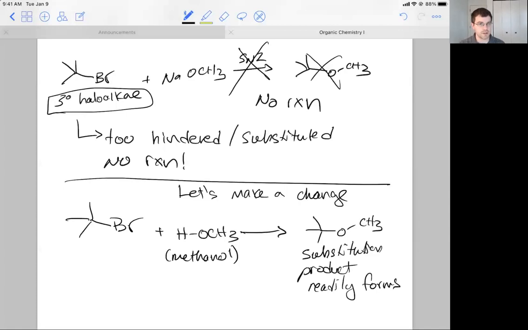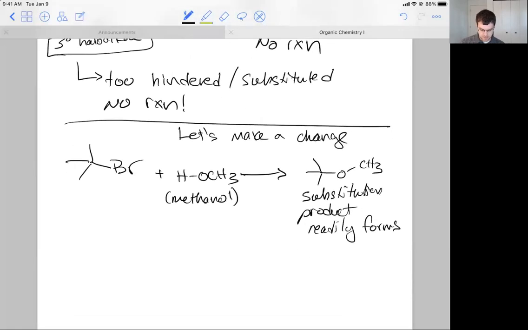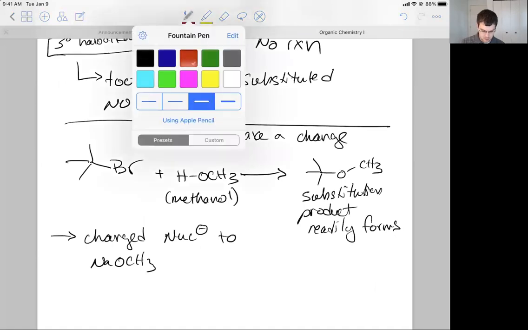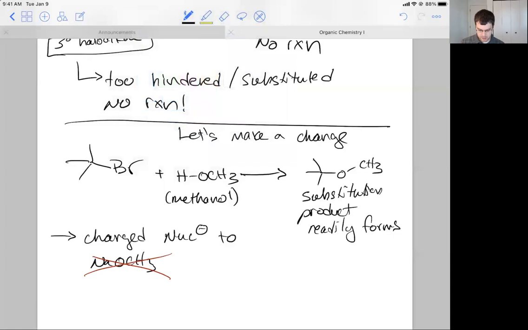Now, what was different about this reaction was, well, many things, but the first thing to take note of is we changed the nucleophile. So instead of NaOCH3, we had HOCH3.